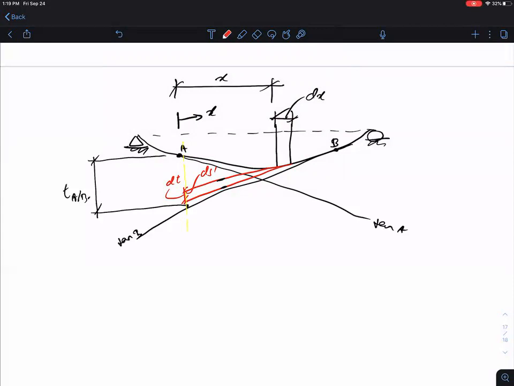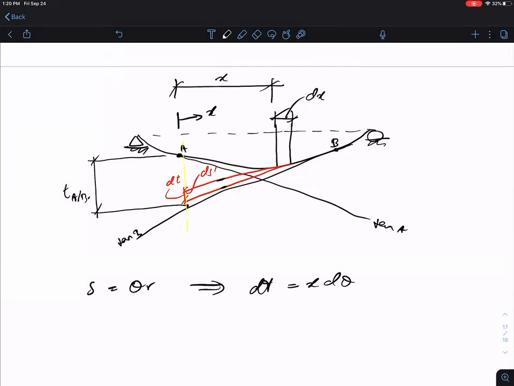So if we use the formula for an arc, and that formula says that the arc length is equal to theta times r, where theta is the change in the angle, and r is the radius, then that means we can also write that dt is equal to x d theta, right?